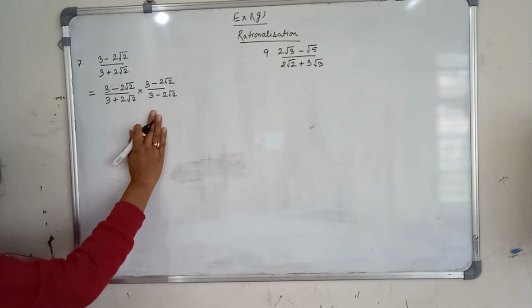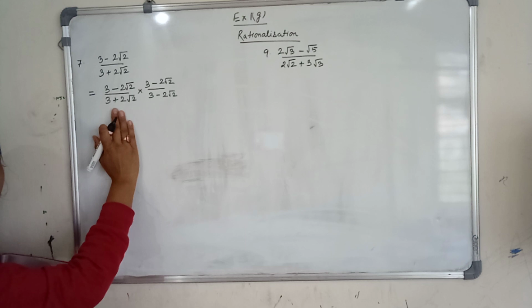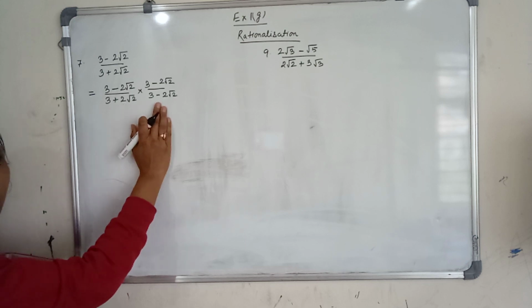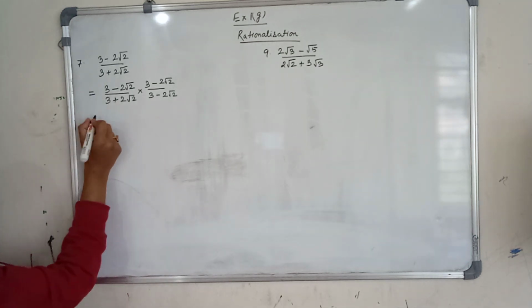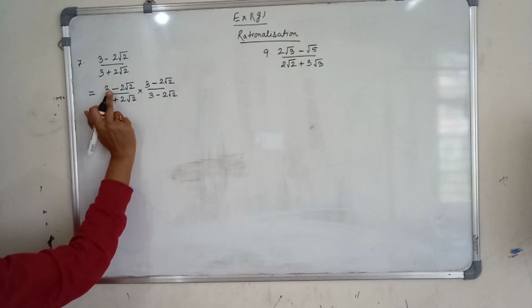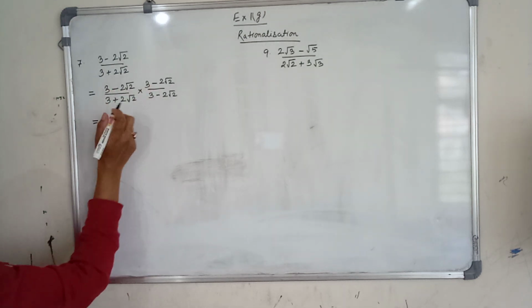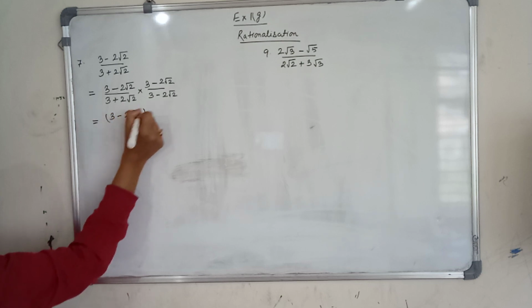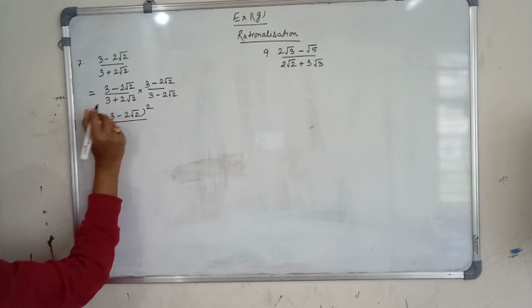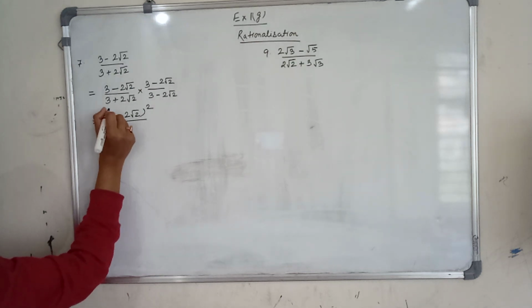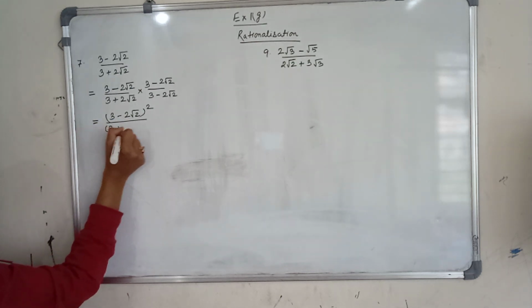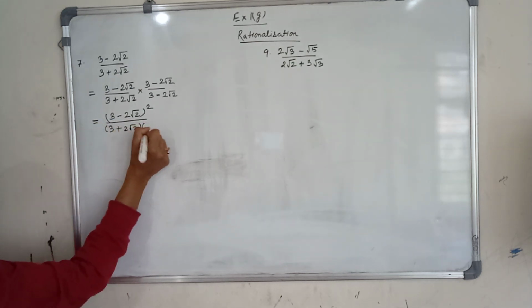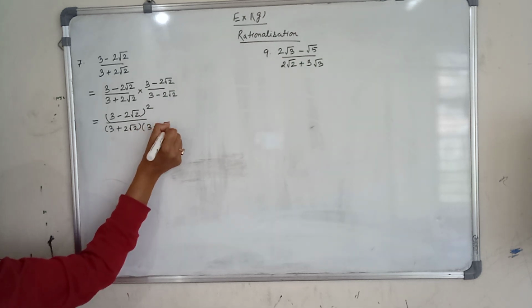In rationalization, we have to use the same number of the denominator with the opposite sign. Now here, 3 minus 2 root 2, 3 minus 2 root 2, so we can write this as (3 minus 2 root 2) whole square. And in the denominator, we have 3 plus 2 root 2 and 3 minus 2 root 2.